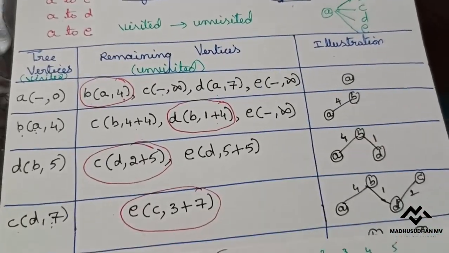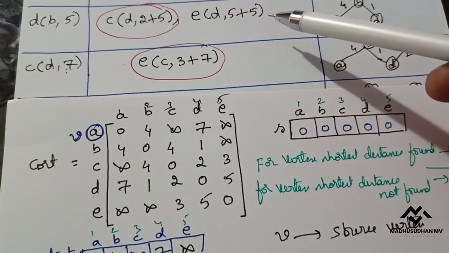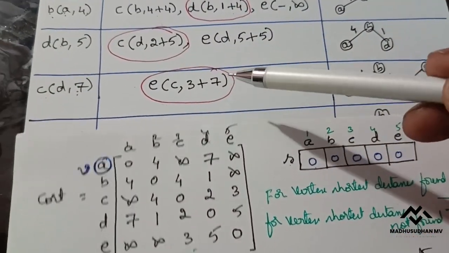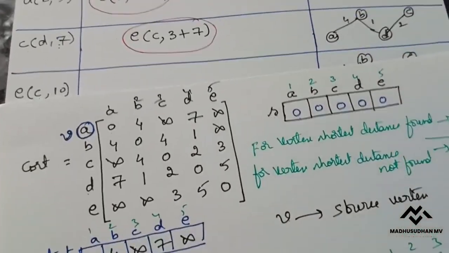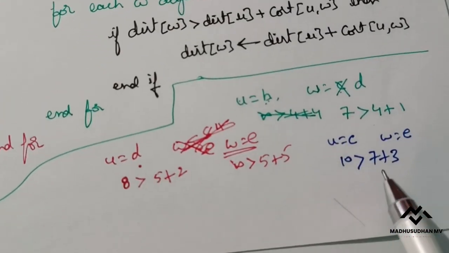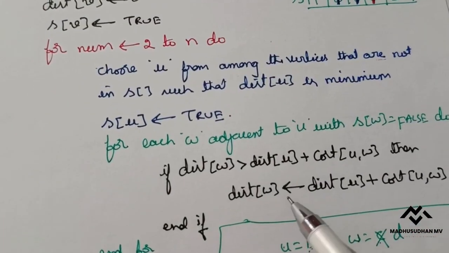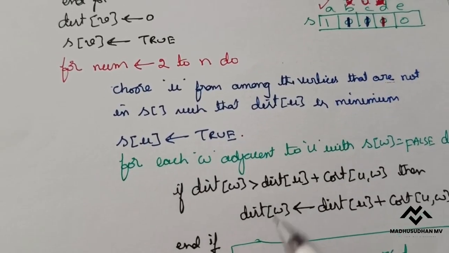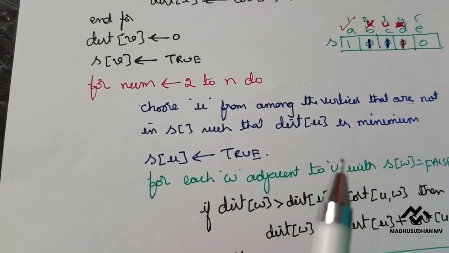See, the same thing we did here, 5 plus 5, 10. Checked, same thing we did here. Now false, so it comes out. I am not updating anything.